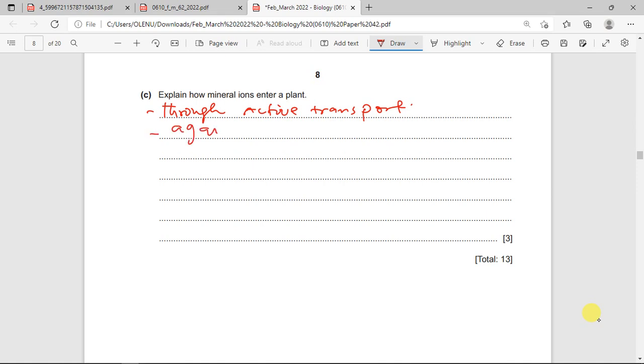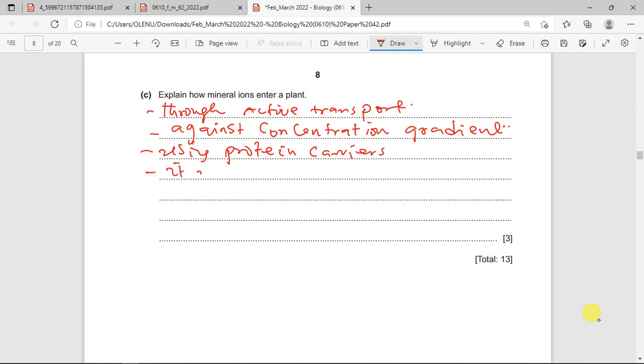Against the concentration gradient, using protein carriers, and it also uses energy from respiration. That's all.